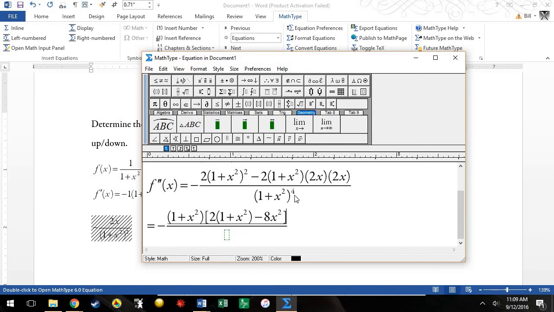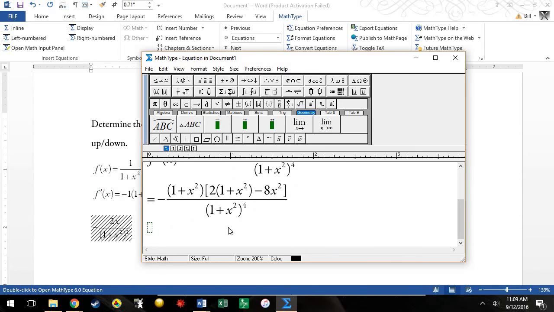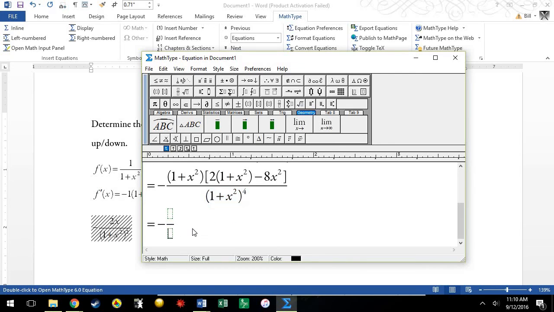And it's still over this on the bottom, but now I can reduce this fraction. I have this common factor of 1 plus x squared. So my minus on the fraction bar, this divides this away, and I end up with (1 plus x squared) to the third on the bottom.